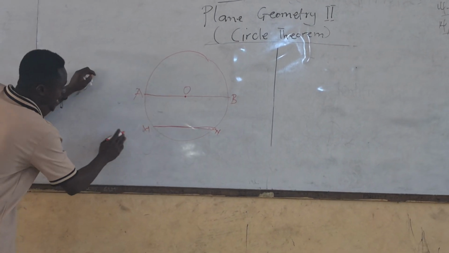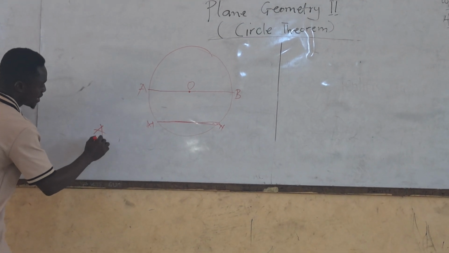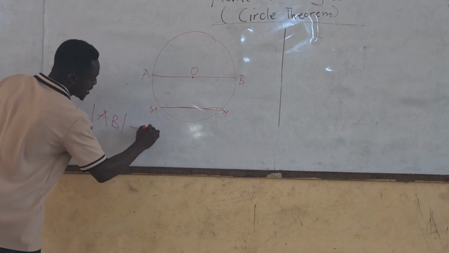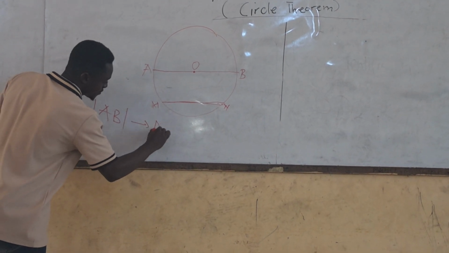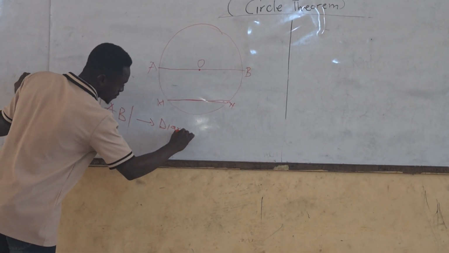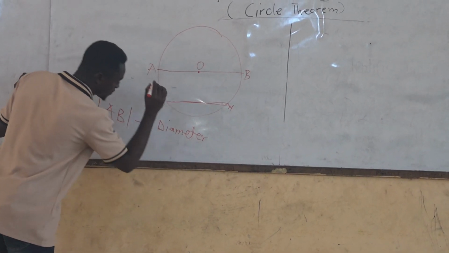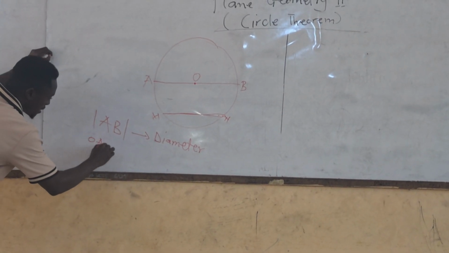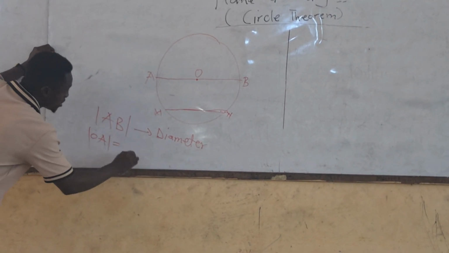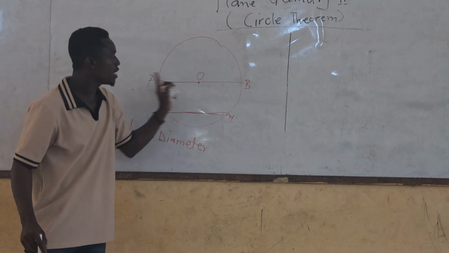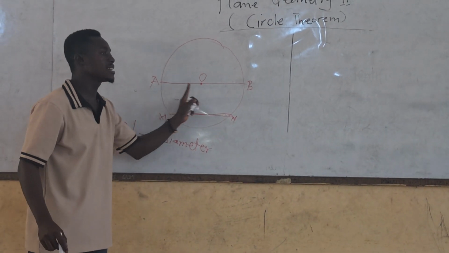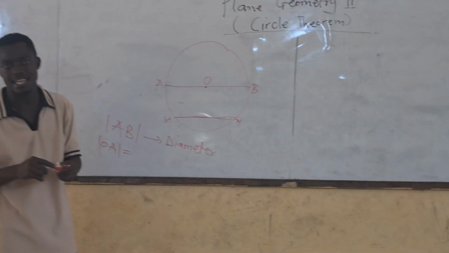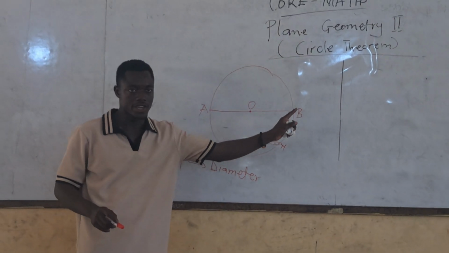So from the chord you can see that line AB is a diameter. And OA is the same as OB, because from the center to any part of the circle is called a radius.